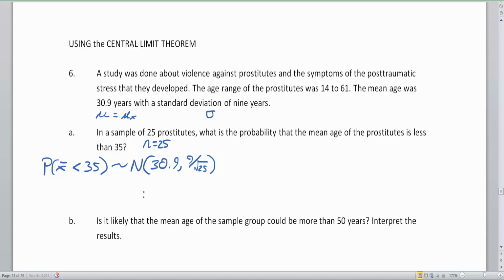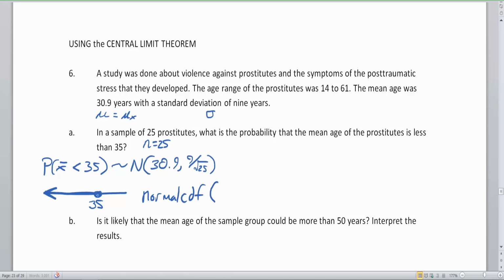So in the calculator, we're going to use our normal CDF for our continuous distribution function. And since we're going less than 35, we're looking at a situation where we're going to be less than 35. This would be an open circle since it said less than.